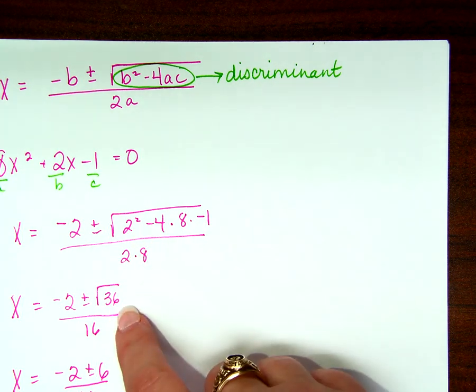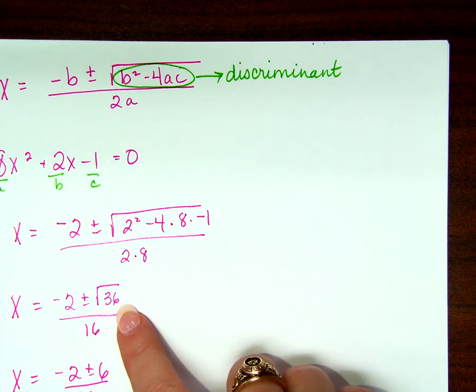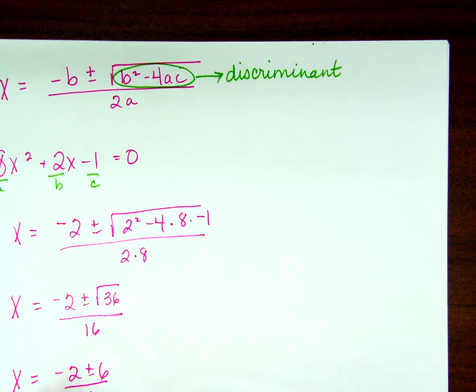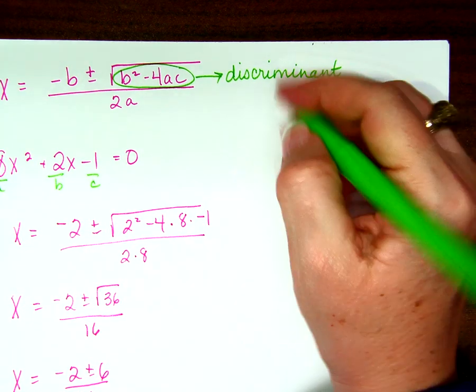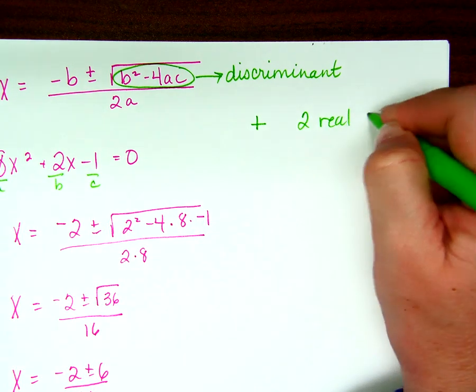I could have told you right then we were going to get 2 real solutions because 36 is positive. When your discriminant is positive, you're going to get 2 real solutions.